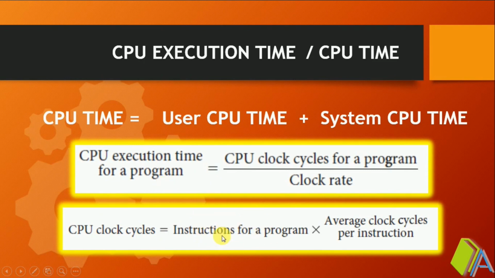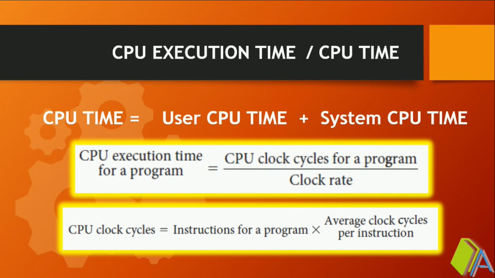A program can contain a number of instructions. Here they are specifying the count of the instructions available in the program, into average clock cycles per instruction. For example, if you have 10 instructions in your program, all the instructions may not use the same number of clock cycles for executing the program.